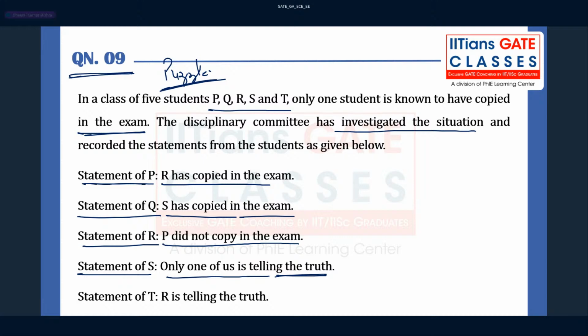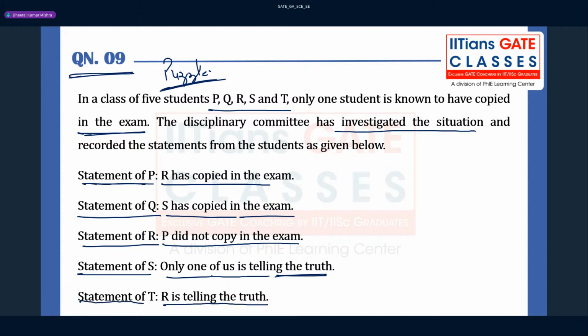Now, this is very, very important to understand. So what you can do here is the statement of T. The statement of T says that R is telling the truth.